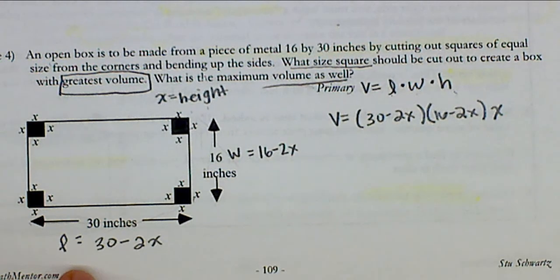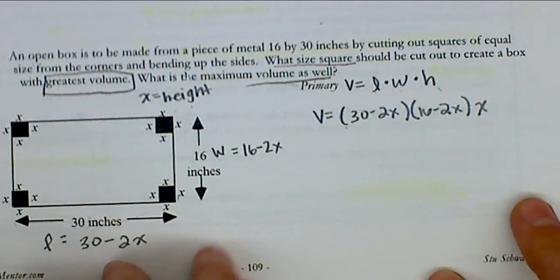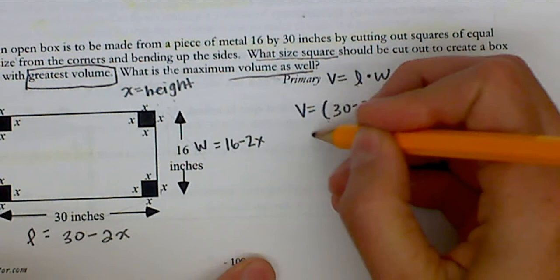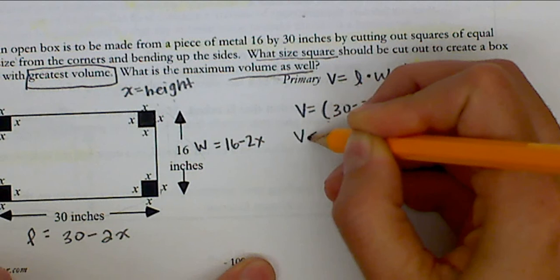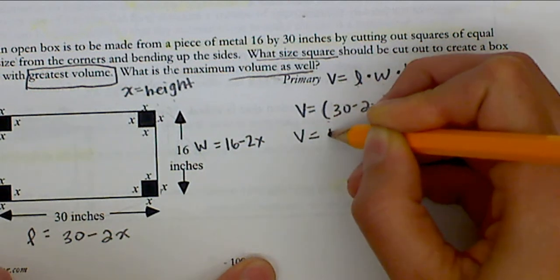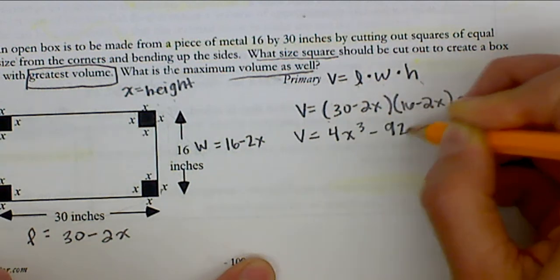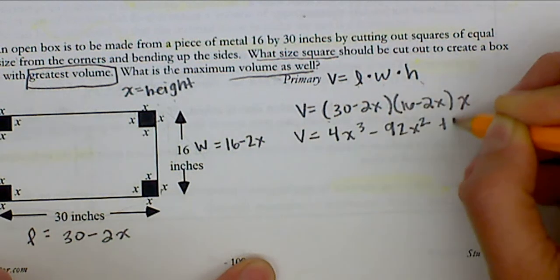Okay, and at this point we do have to multiply everything out. I won't make you watch me do that. I'll just say here, when we multiply everything out, the volume equals, what does it equal? 4x cubed minus 92x squared plus 480x.